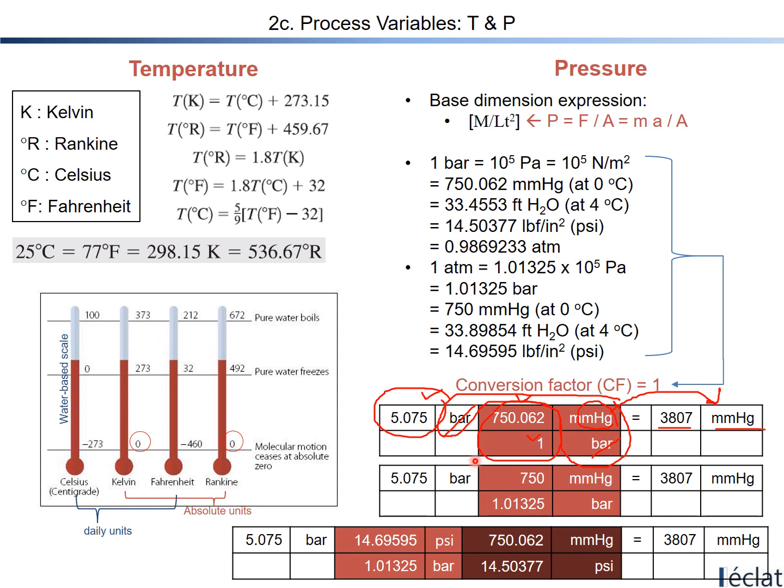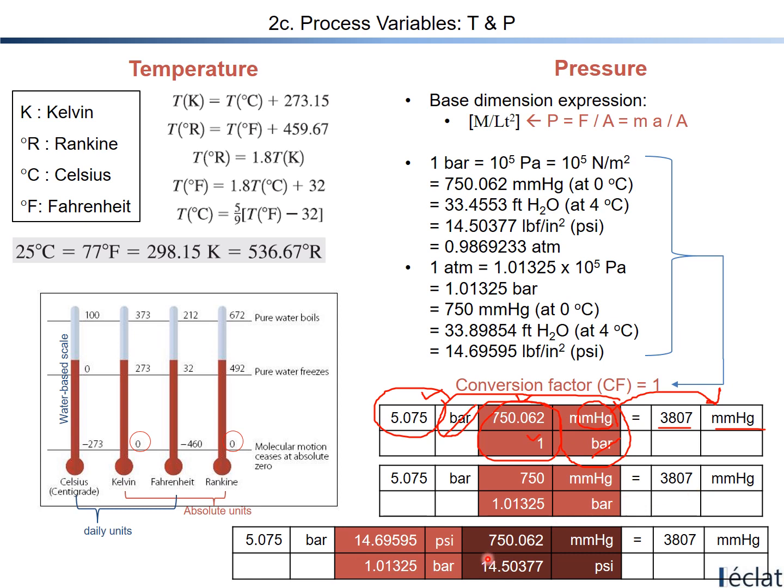And then after killing bar and bar, you have the same milli Hg shown in the previous calculation. And then it's time to calculate the numbers. Of course, the values are a little bit different in the conversion factor, but it should be the same. So anyway, after calculation of all values, you have found the same answer.